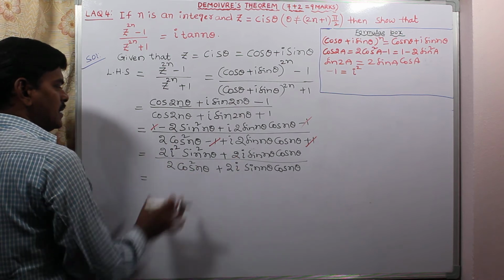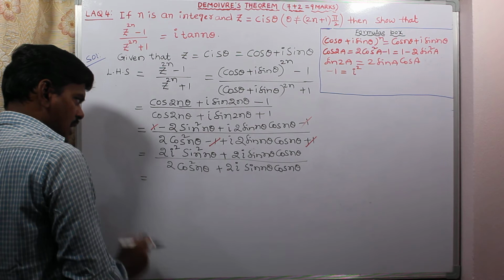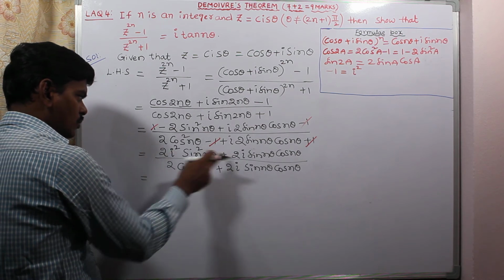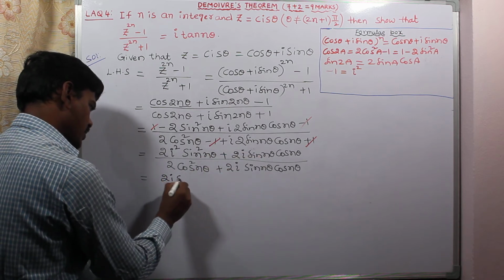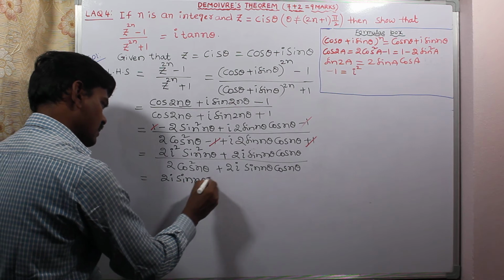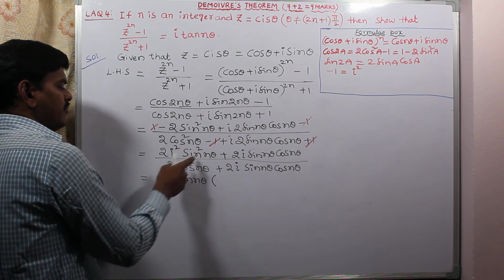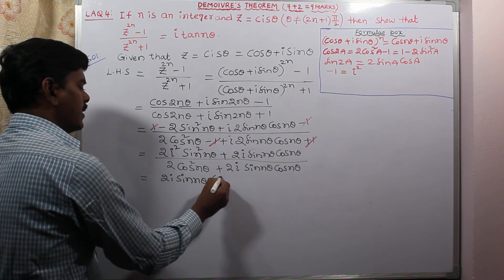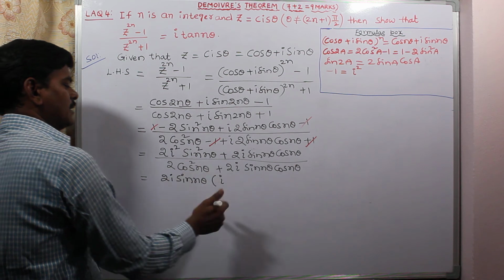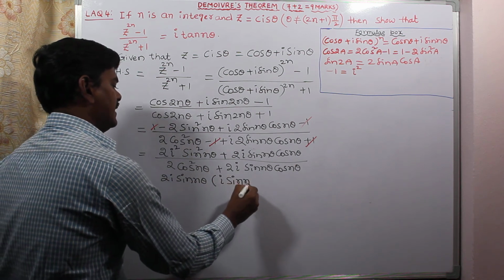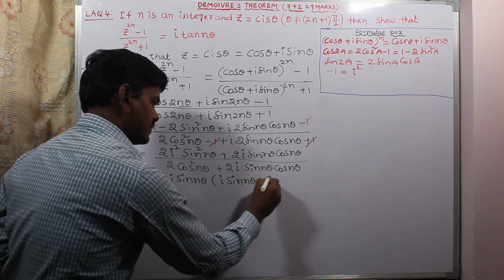Now think about taking common terms. If I observe the numerator carefully, I can take 2 iota sin n theta common. After taking 2 iota sin n theta from the first term, we are left with iota sin n theta, and from the second term we are left with cos n theta. So the numerator is 2 iota sin n theta times (iota sin n theta plus cos n theta).